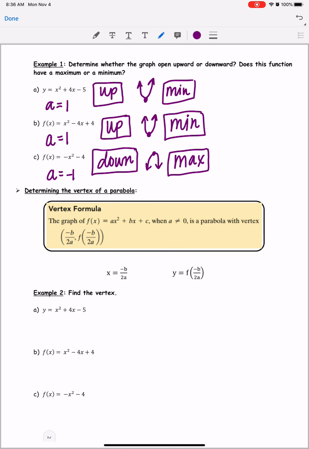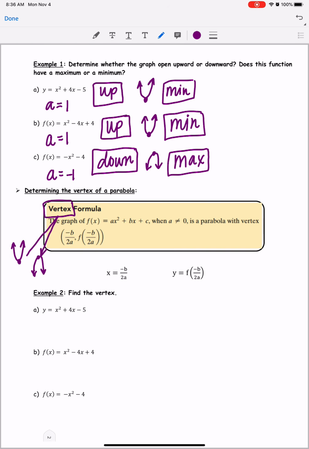Second thing we're going to do: I called these dots right here the vertex. Now we need to be able to identify what that vertex is. If you want an illustration of that, you're either going to have a parabola that goes up with a vertex at its min, or a parabola that goes down with a vertex at its max.